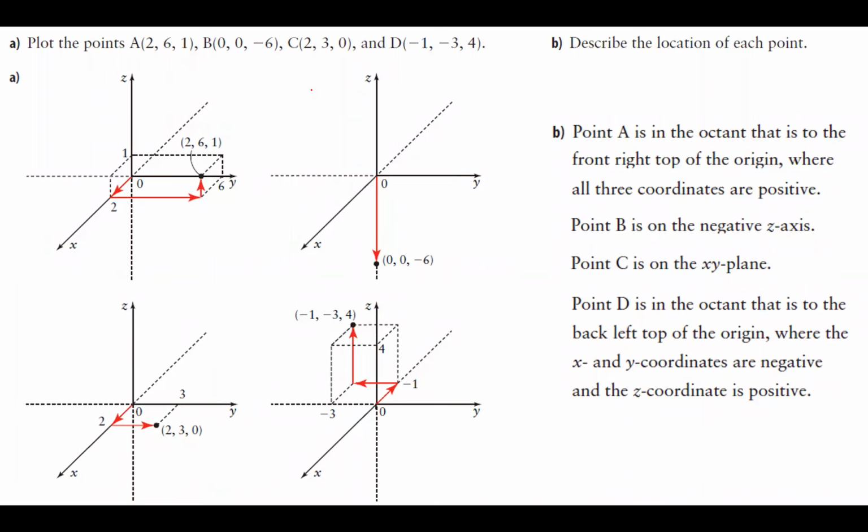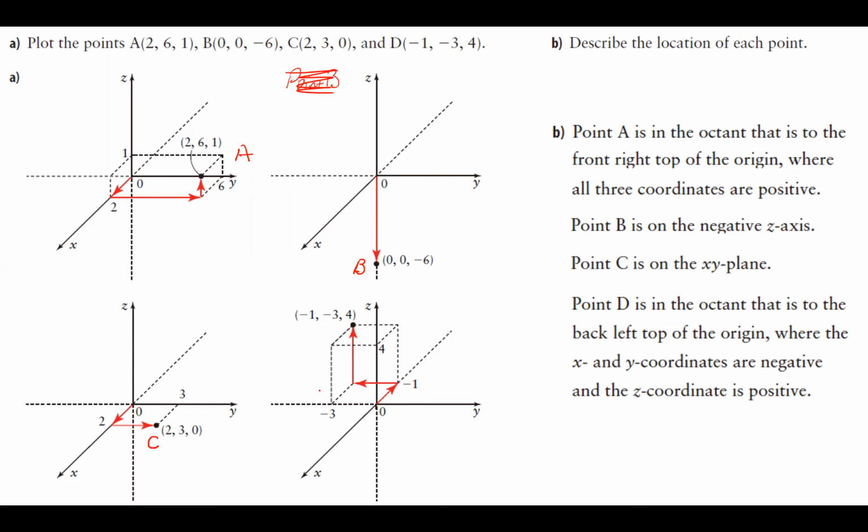And point B, this is point B, right? So I should put it here. This is point B, and point A. Point B is on the negative z-axis, which is here.